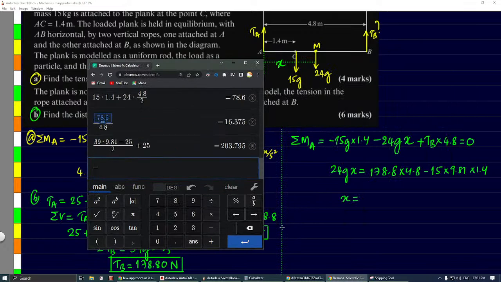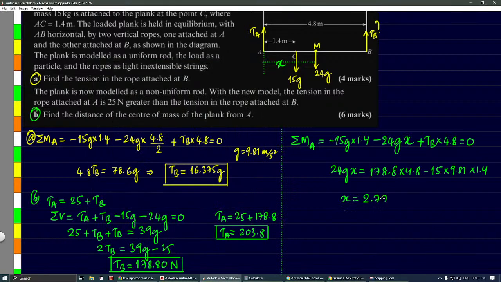In the numerator, 178.8 into 4.8 minus 15 into 9.81 into 1.4. Denominator, we will get 24 times 9.81. So 2.77. All distances are given in meters, so this will also be in meters. This is the answer for B bit.